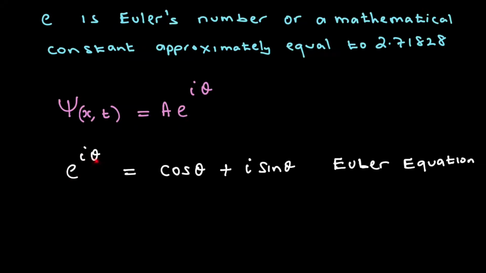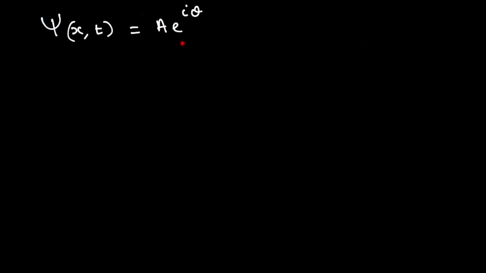e to the i theta is equal to cos theta plus i sine theta, and this equation is called Euler equation. So what we're trying to do is use this equation to derive a function equation for wave particle behavior. We have psi in space, and this is time.